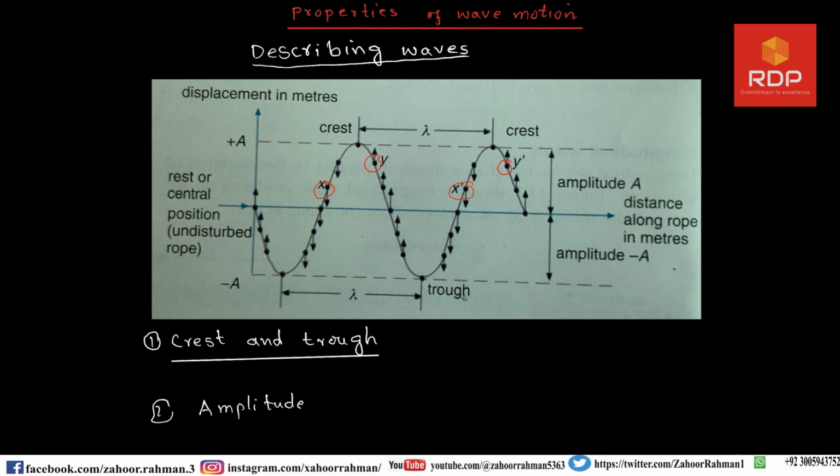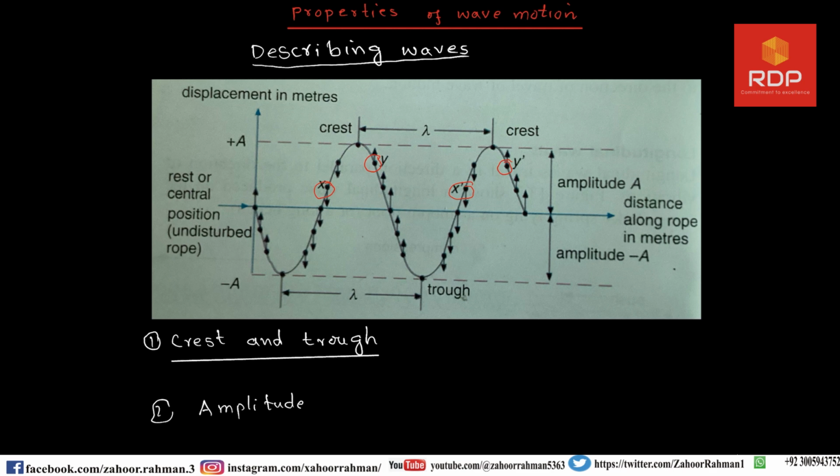Moving in the same direction, two points such as x and x dash, and y and y dash are said to be in phase because they are moving in the same direction with the same speed and having the same displacement from the rest position.